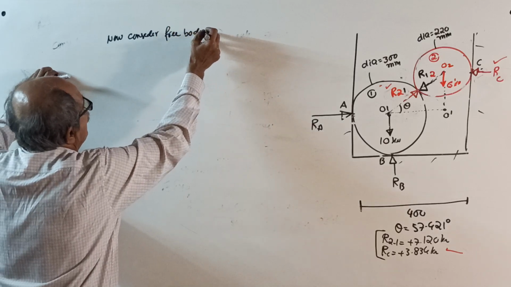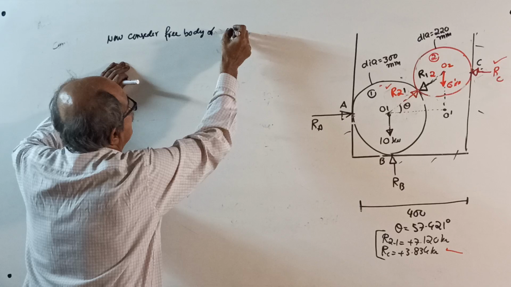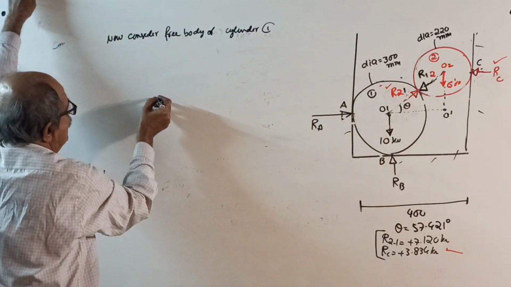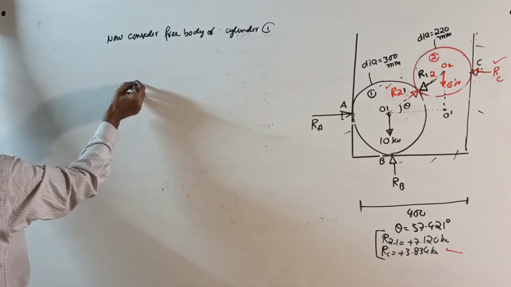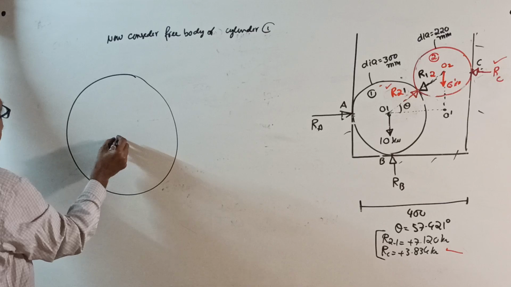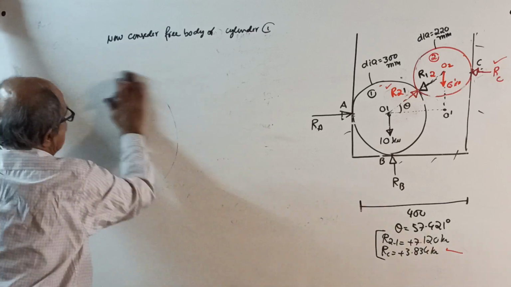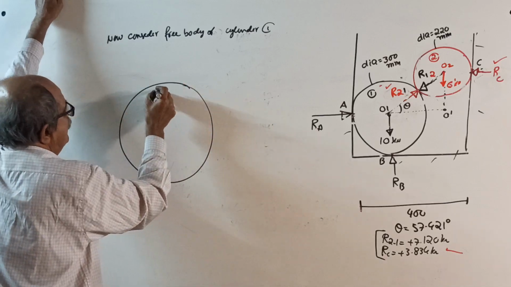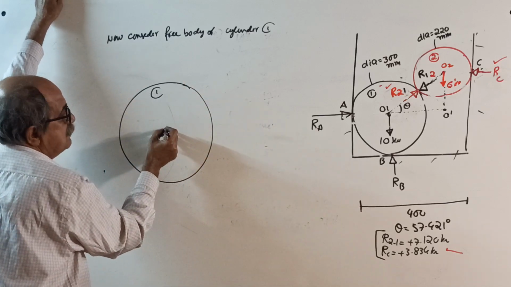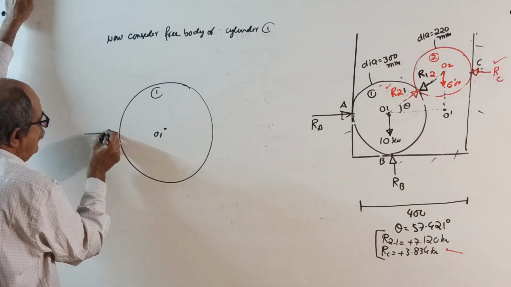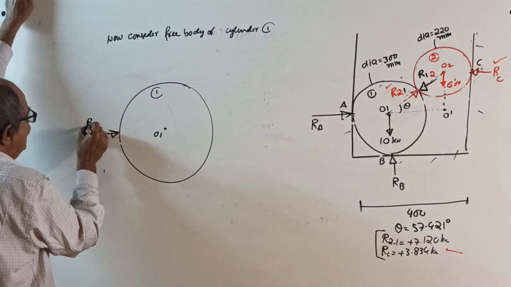the free body of cylinder 1. See, I'll write here. Space problem, okay. Cylinder 1. See here, this is the point O1. There is one reaction here, which is RA.